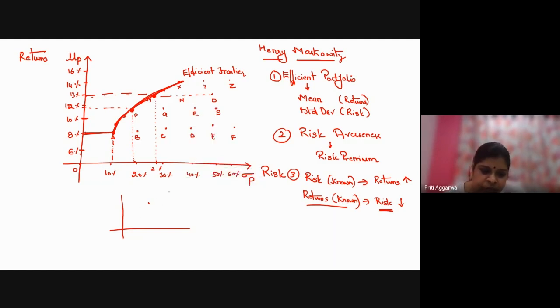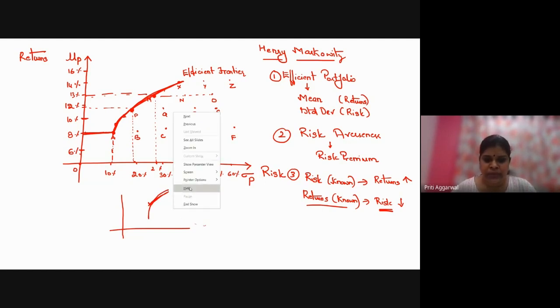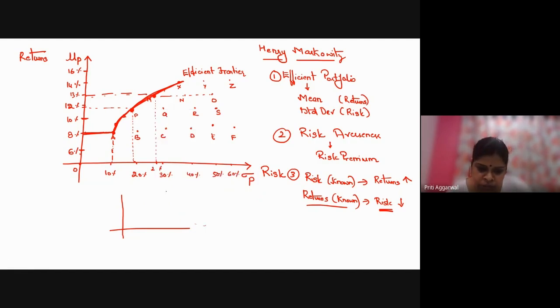Let's say this is my efficient frontier. As I said, there are different portfolios on the efficient frontier. This is your global minimum variance, and it is concave like this.